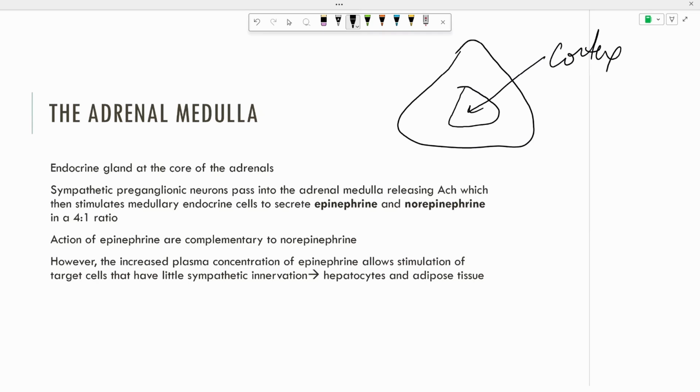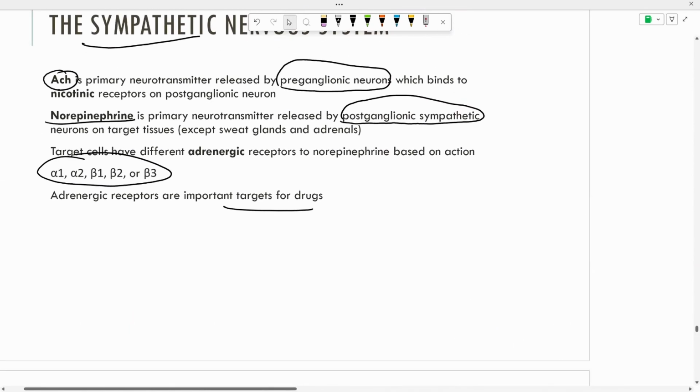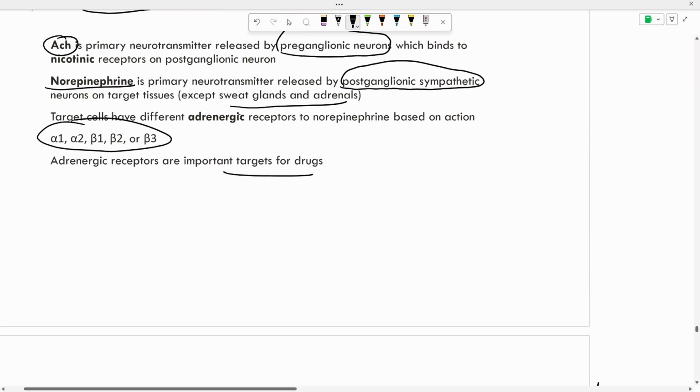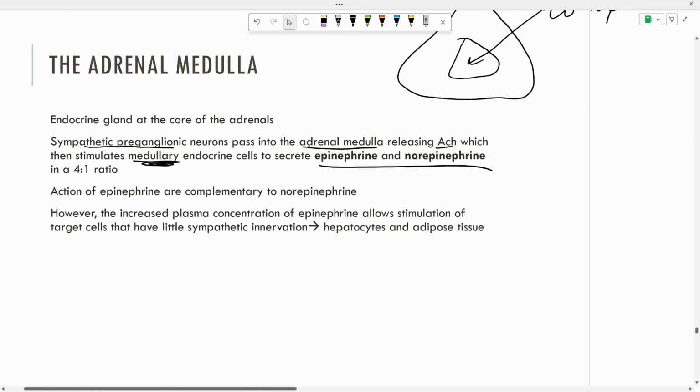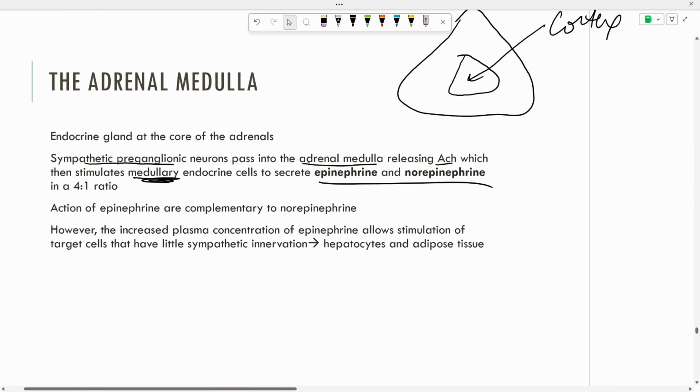This is under neural control because sympathetic preganglionic neurons go right into the adrenal medulla, releasing acetylcholine, which stimulates the medulla, the inside, to secrete epinephrine and norepinephrine. So we said before, except sweat glands and adrenals, because we're talking about the adrenal gland right now. Okay, they help each other out.